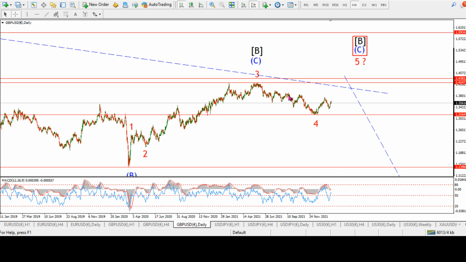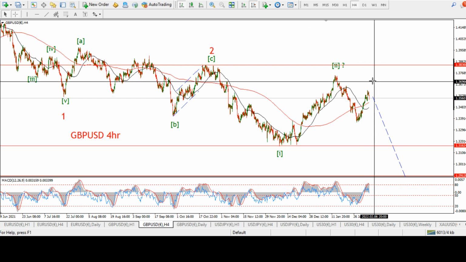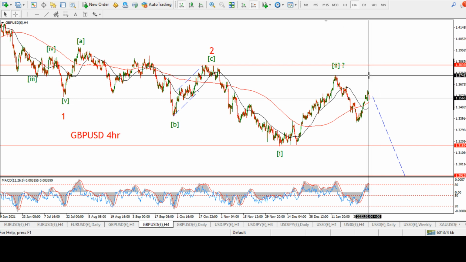So if we do break above this intermediate high, if we break above the wave 2 high here, let's call it 137.48.